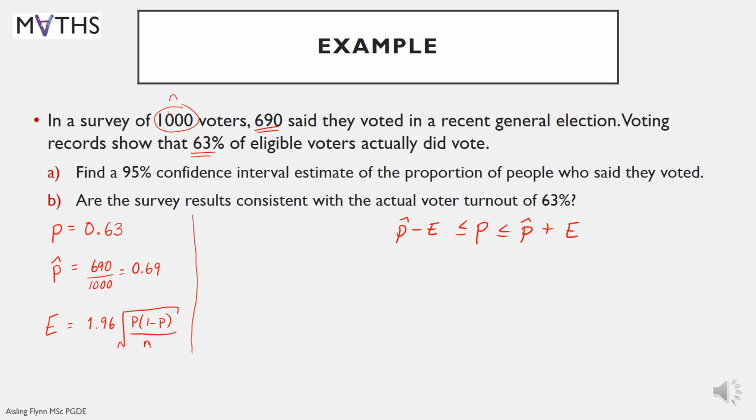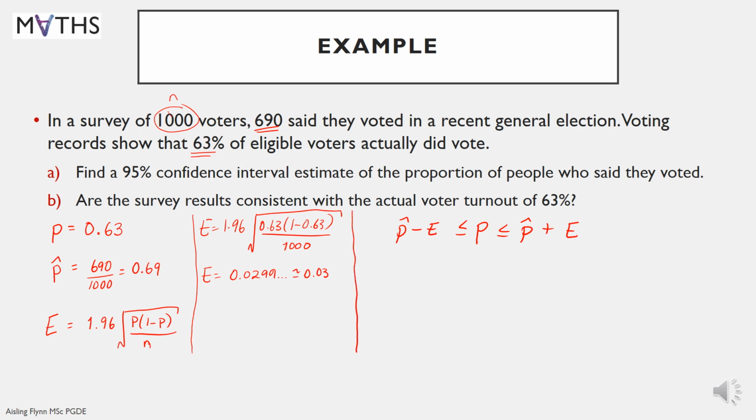E equals 1.96. Now in this case we do know the value of p, so we can use that in our calculations. And n is 1,000. And what you get is 0.0299 and some other figures, which we will round to 0.03 or 3%.